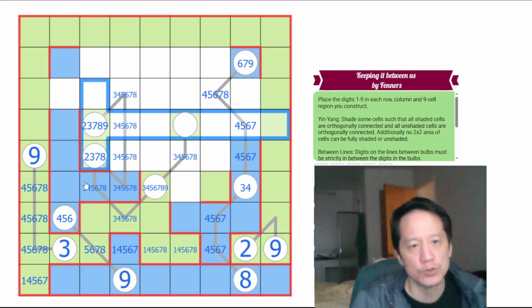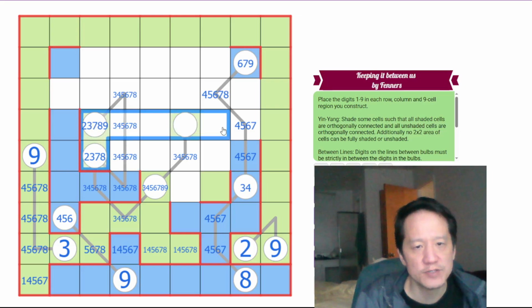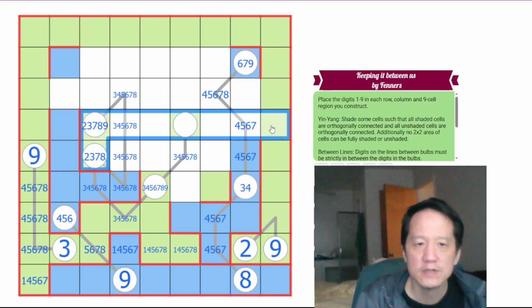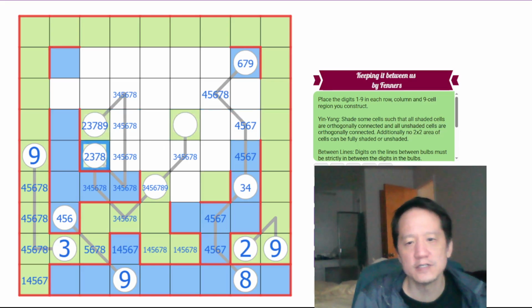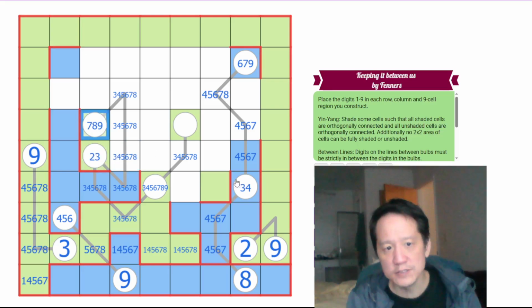Or it's 2. Can it be 3 that way? I guess it maybe could. 1, 2, 3. Then you have 1, 2, 3, 4, 5, 6, 7, 8. You would have to have an 8. But I think this has to be 2 or 3 here. And this is 7, 8, or 9, right?